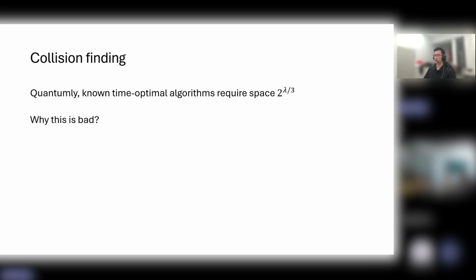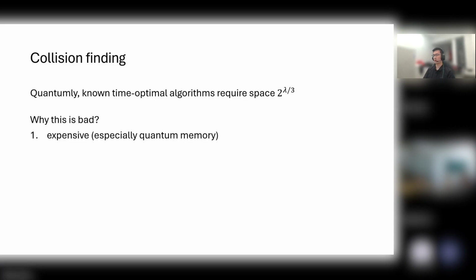So why is this bad? Because quantum space is much more expensive. We can tolerate running the algorithm for long enough to find a collision, but we don't really have this much space.